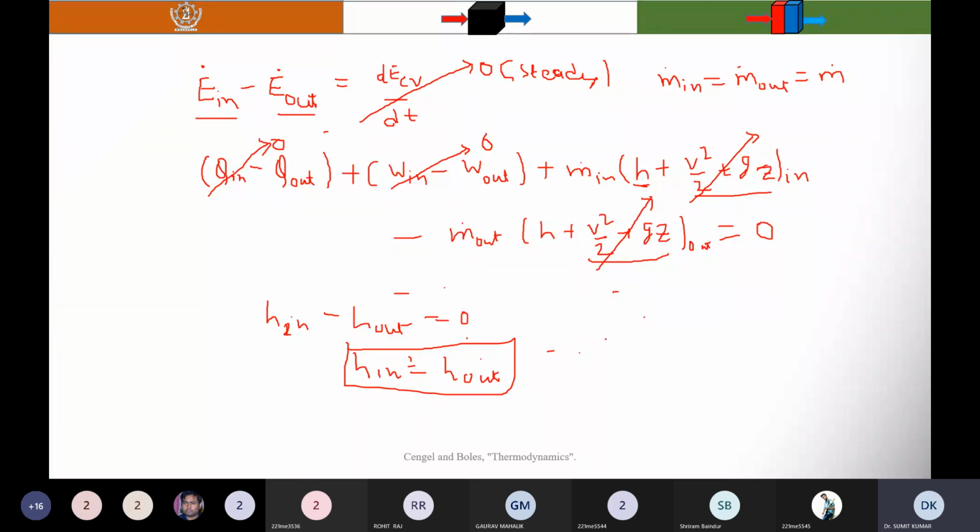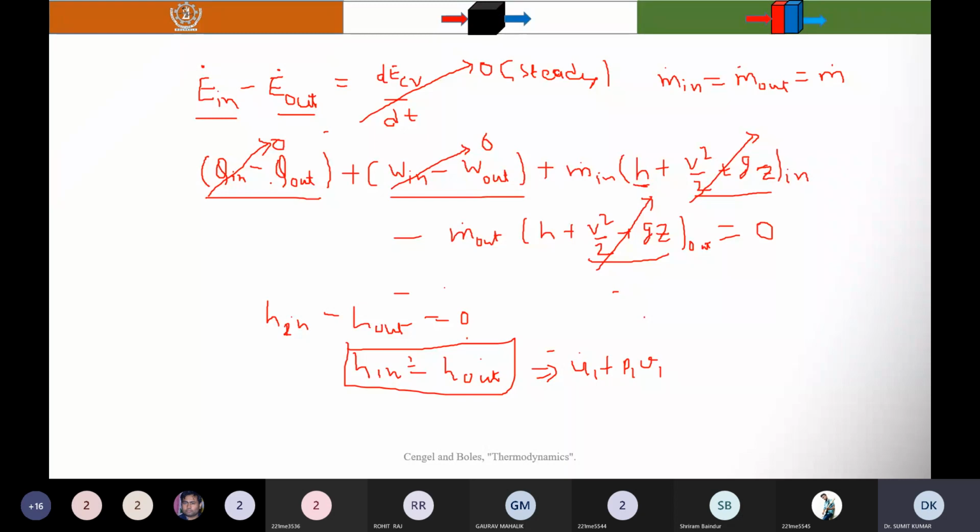Sir, is the throttling process always called isenthalpic? Because if there is other energy involved, then this equation will not hold. What is the assumption I have considered here? There is no heat transfer and no work transfer.